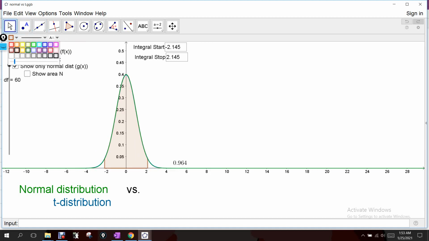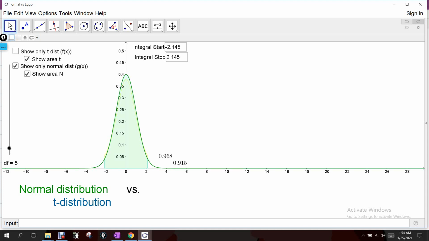Let's make it yellow, and let's do the other area. Let's make that blue. All right, so when degrees of freedom are smaller, the blue area is 0.968, and the yellow area is 0.915. That's quite a bit of difference.